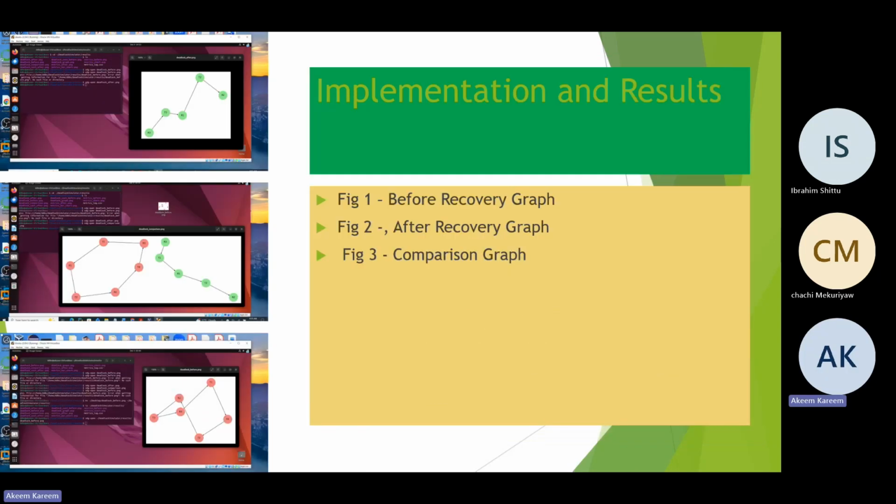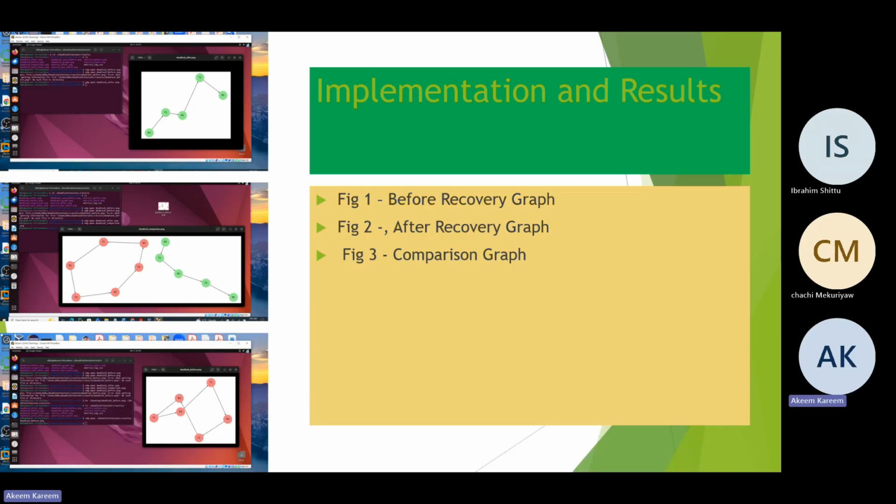On this slide, I'll be talking about the implementation and results. If you take a look at what the simulator actually produces, as we can see on this slide from figure 1 to 3, figure 1 is a graph that shows a deadlock situation. You can see the circular arrows among transactions and resources.